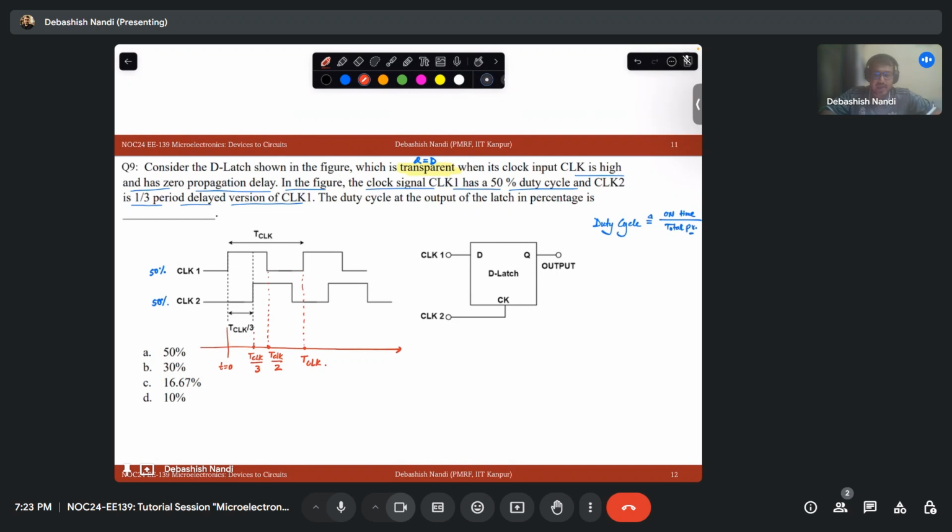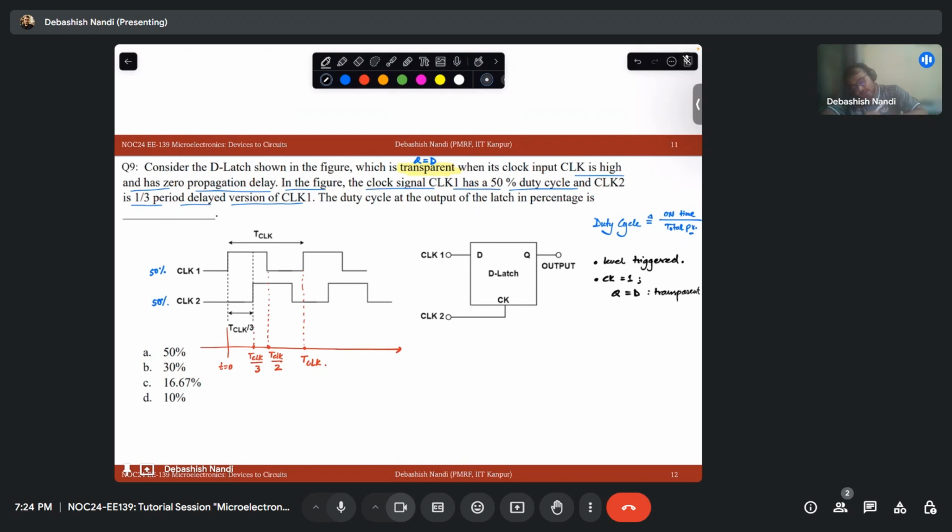So let us assume that it is level triggered. That means when your clock is 1, then only your Q will be equal to D, so it is transparent.